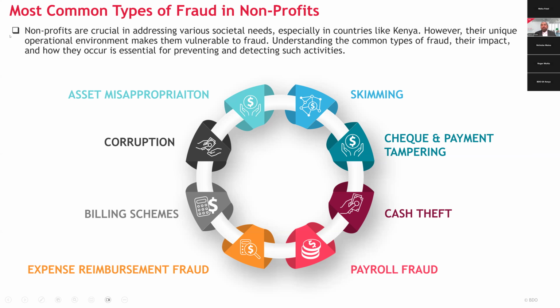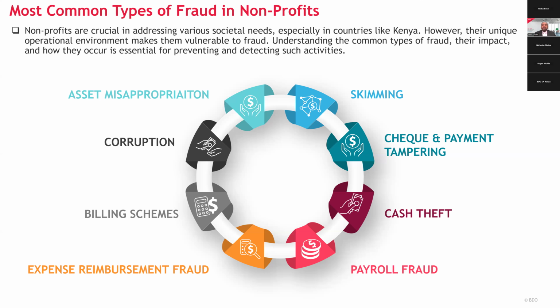Why is it so common? We know it's common because of the significant amount of cash, donations, and valuable assets, such as supplies and equipment, which nonprofits usually handle. Often, NGOs operate with limited oversight and internal controls, and this makes it easier for individuals to misappropriate those assets without immediate detection.